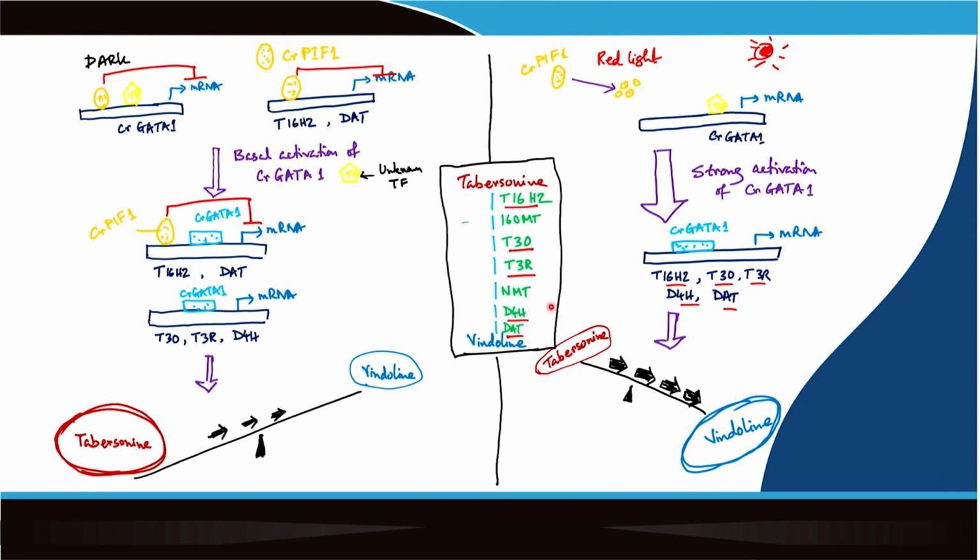These are basically the genes which are responsible for light induction. So, that is why the tabersonine content is now less and you see more Vindolin formation. So, this is basically how light plays a regulatory role in the conversion of tabersonine to Vindolin, and this beautiful paper has been published by a group from Kentucky.